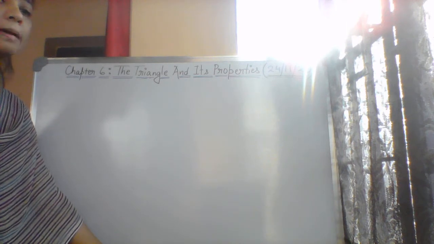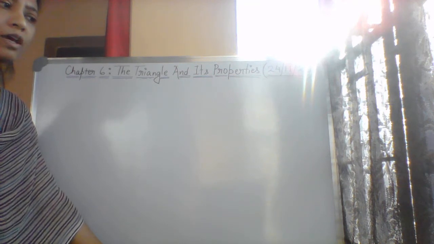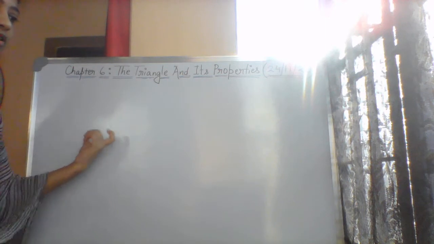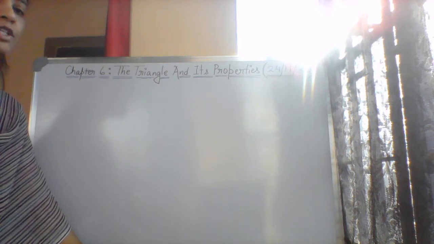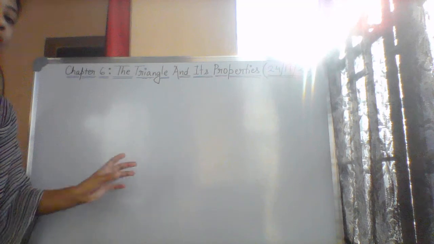But what is the basis of classification of those triangles? Why have we given different names to those different types of triangle? There must be some classification rule based on which we have classified them into different types. So what is that basis of classification?